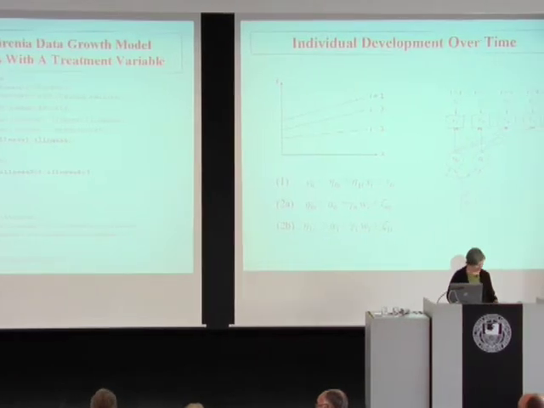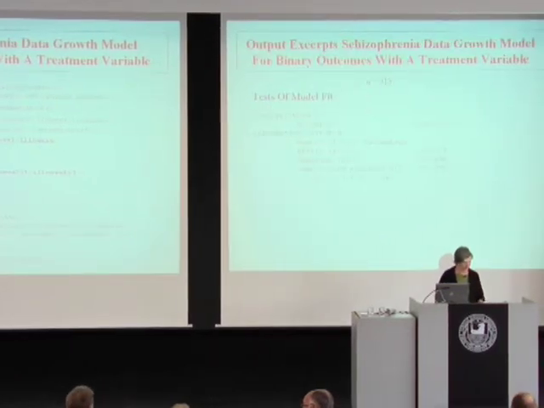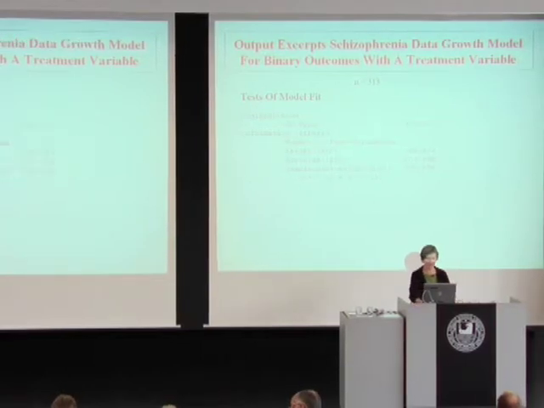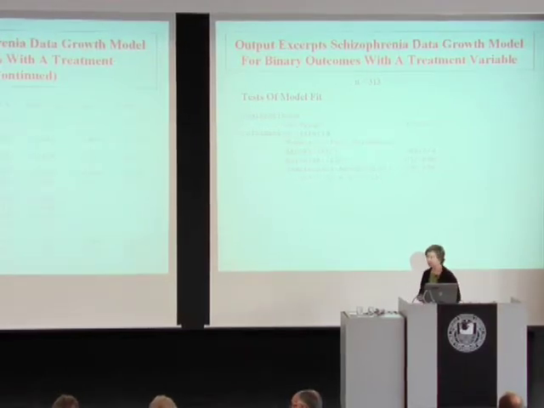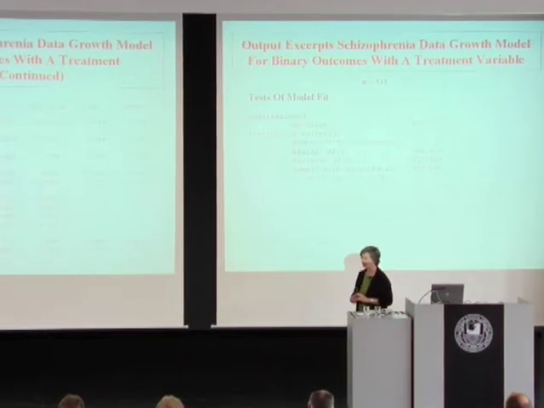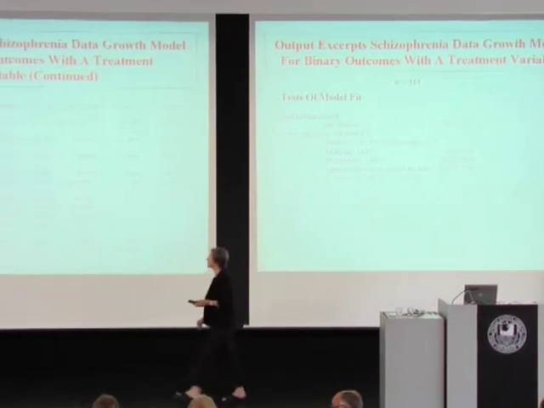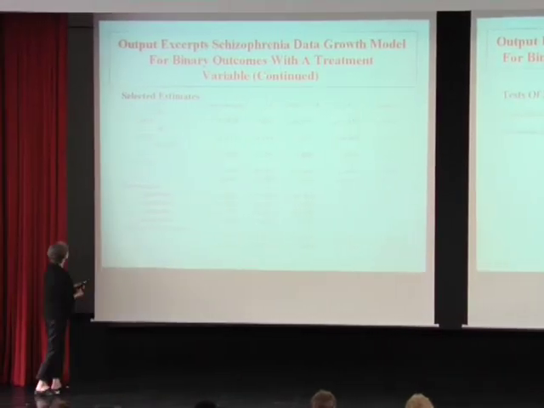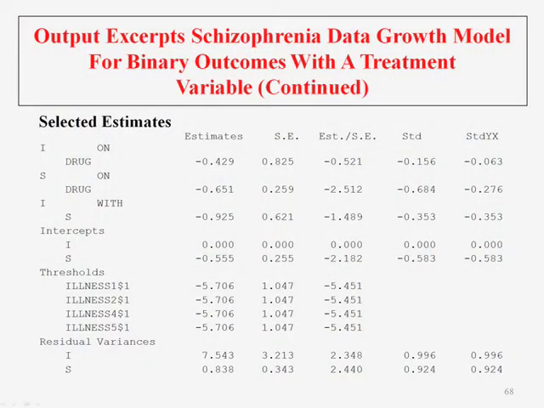And then we have our results, the normal tests of fit. And then what we're most interested in is the regressions. So here are our estimates, and for those new people here, the first column in the results show the parameter estimates themselves, and these are the raw estimates, not standardized.